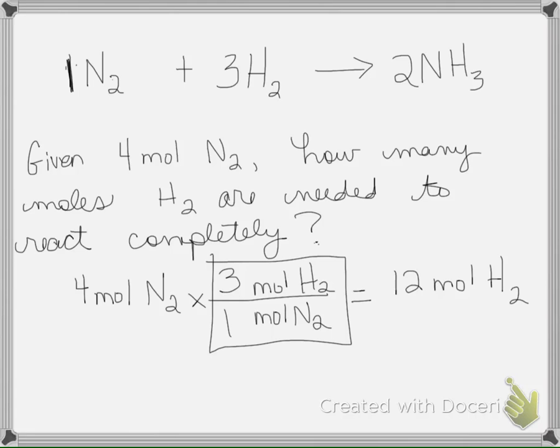Okay? Now, are you always going to have nice whole numbers of moles? No. Absolutely not. We're going to have decimals, right? So let's use the same balanced equation, nitrogen and hydrogen to make ammonia. And let's make ourselves use our calculator.